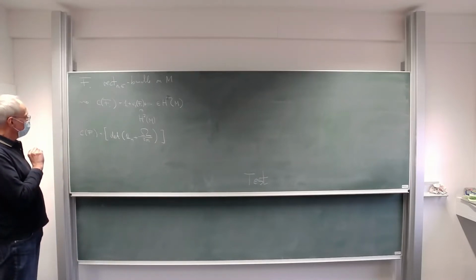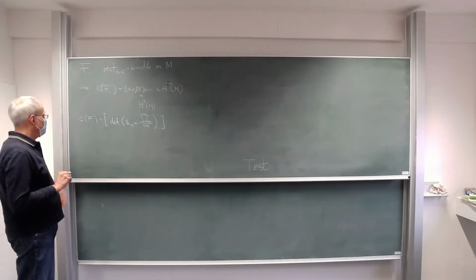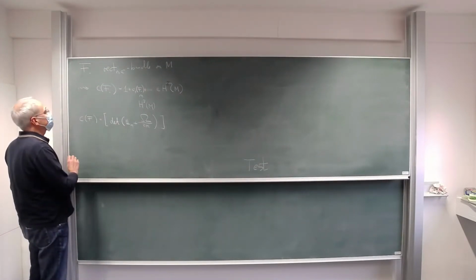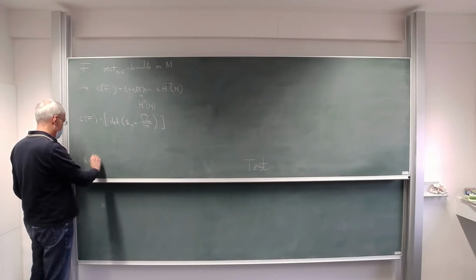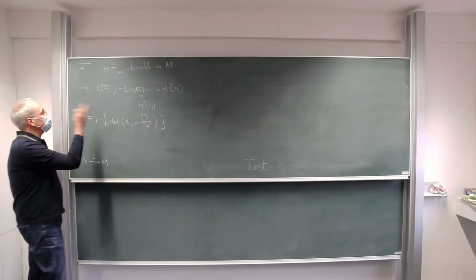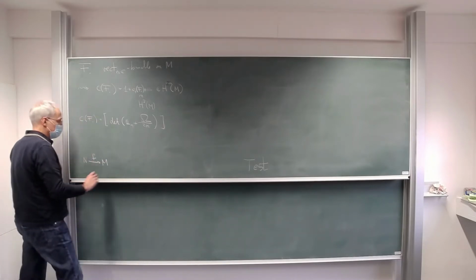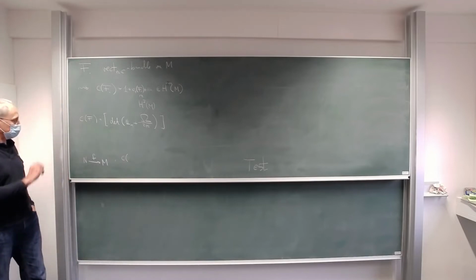Now, all characteristic classes have the property that they are natural. So if we look at a map f from another manifold N into M and pull back the bundle along f, then for any characteristic class, pullback is compatible with the characteristic class.